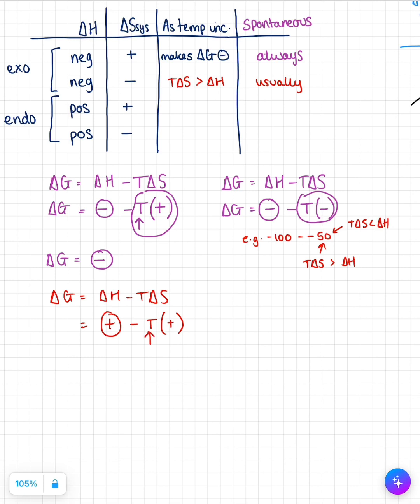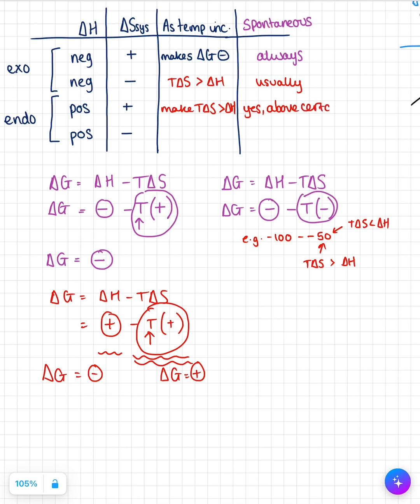If we're increasing the temperature, it makes T delta S much larger than delta H. So if this number here is much larger than our delta H, then we would get a Gibbs that is negative. Therefore, at lower temperatures, this number here is going to be lower than our delta H, so Gibbs is positive and will not be feasible. So yes, but only above a certain temperature, typically at higher temperatures.